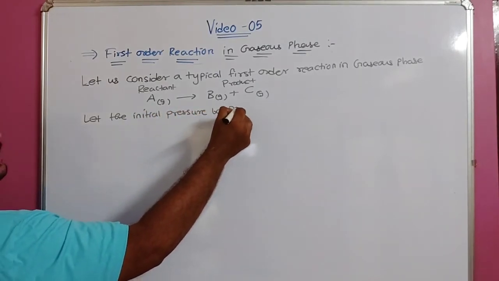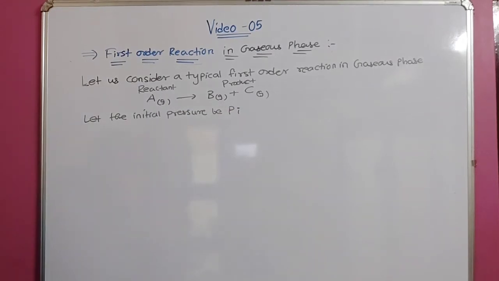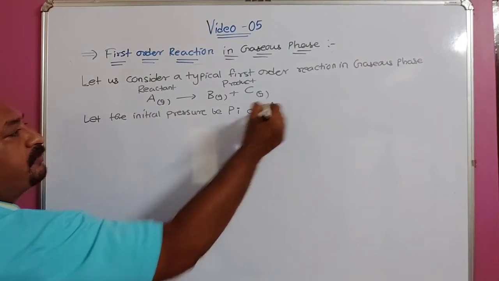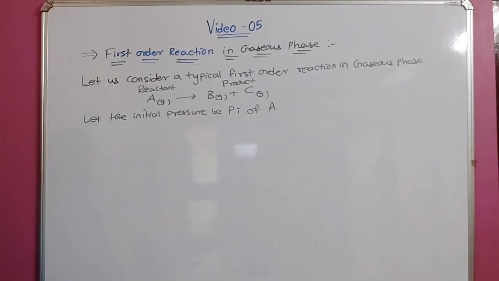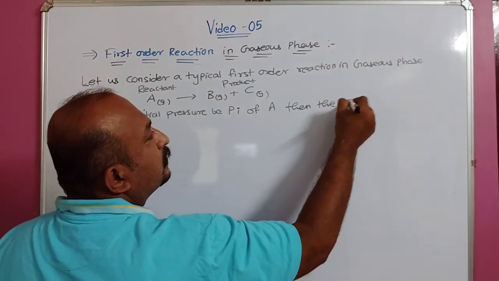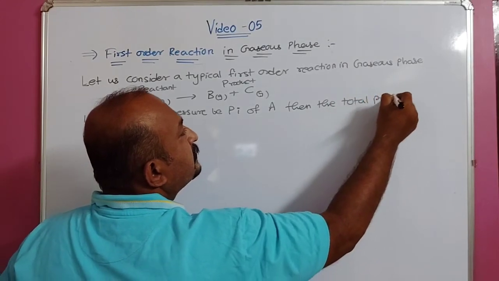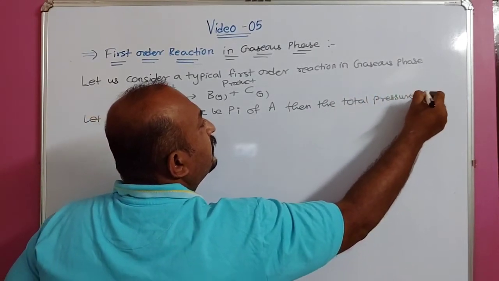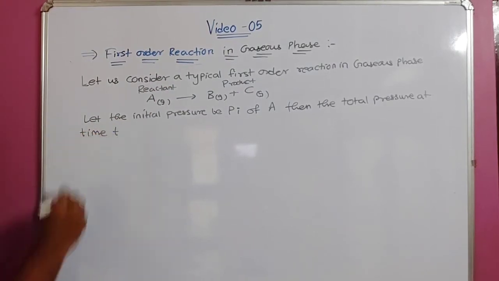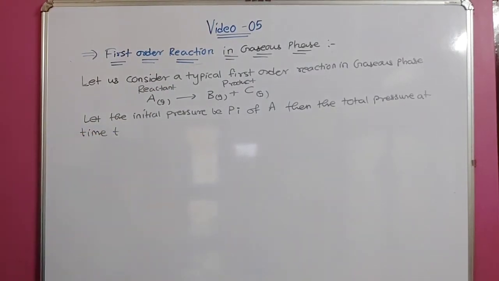be Pi. Let the initial pressure be Pi of A. Then the total pressure at time t. The integrated rate equation for such a reaction can be derived.